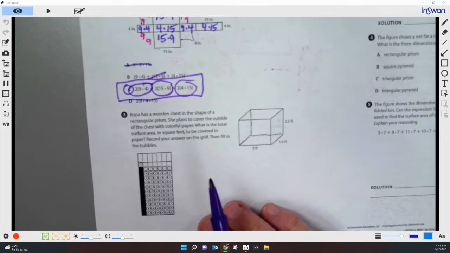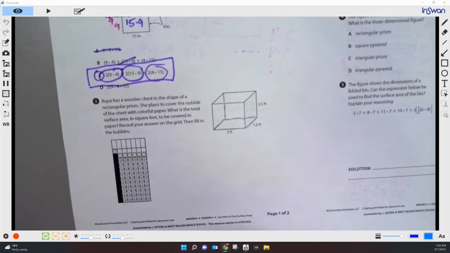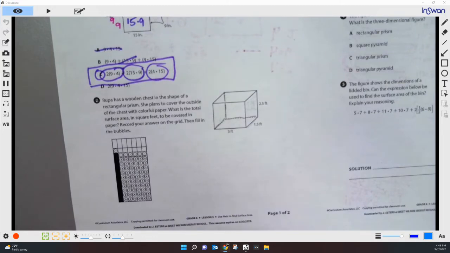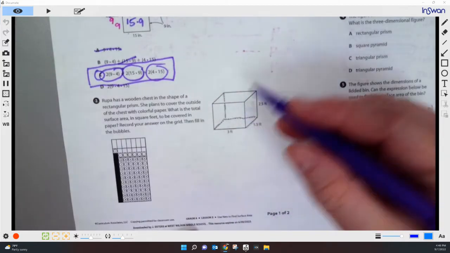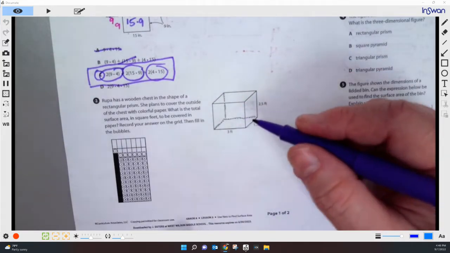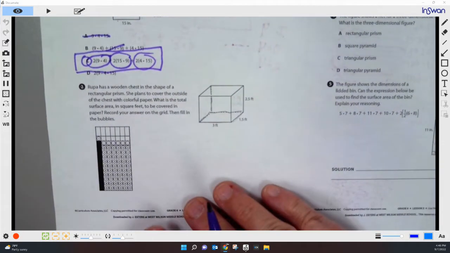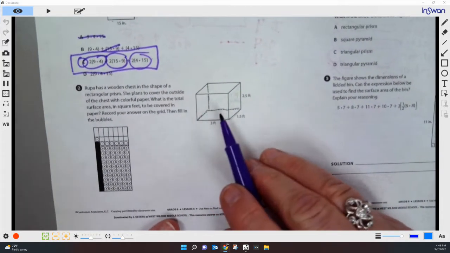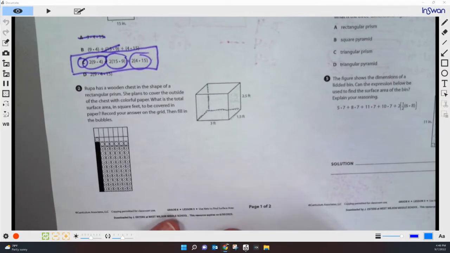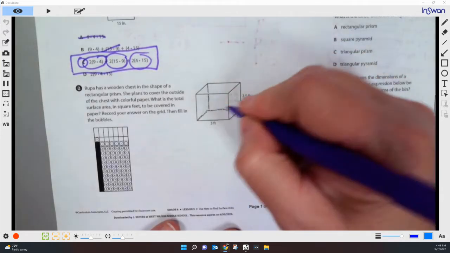All right. Number 2. Now, this one I've worked a couple of times, and something that I found, because we have 2 of each type of side, we need to make sure that once we multiply those and get our dimensions of each one, that we will be able to have those doubled, because there's a front and a back.